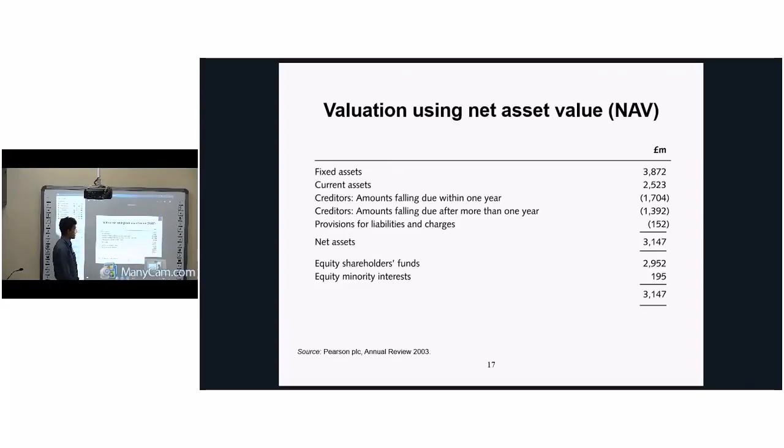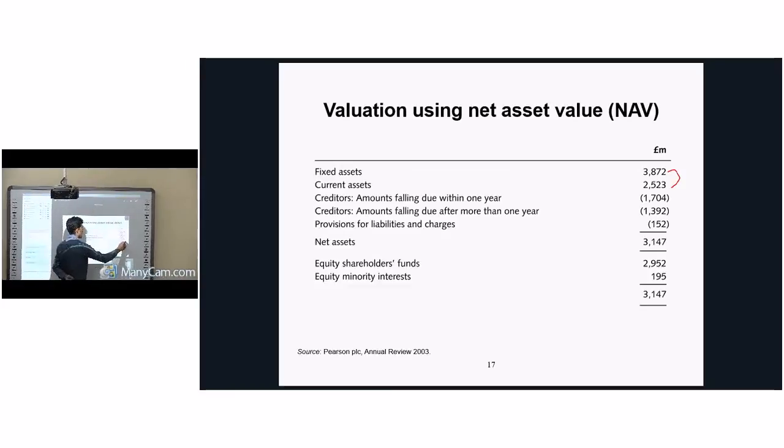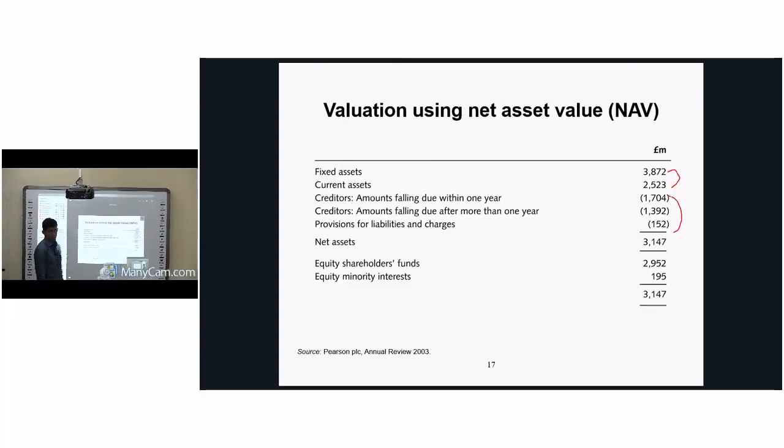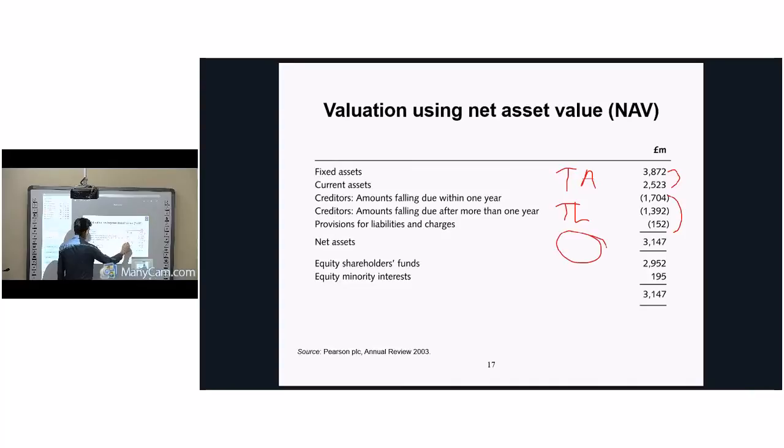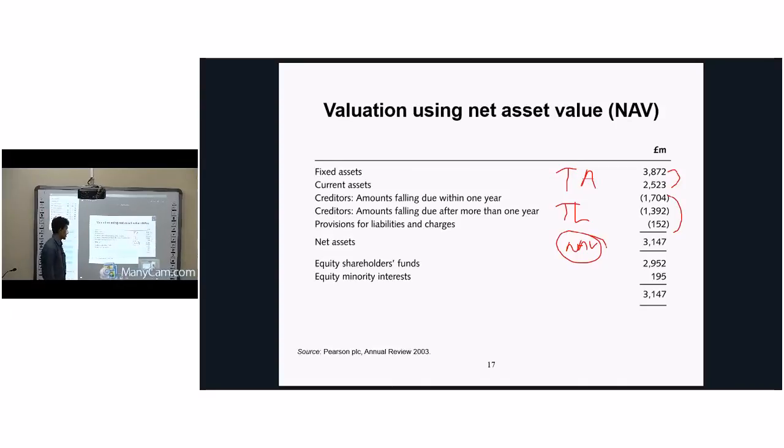From the total assets and the total liabilities, you can find the net asset value of the firm. If you deduct, you will get the net asset value. It's the same as the combination of shareholders' funds and the minority interest. So this is the way of calculating net asset value.